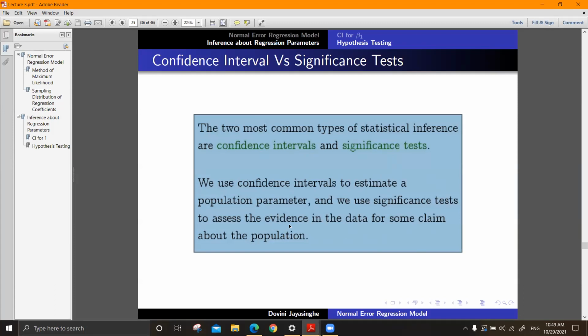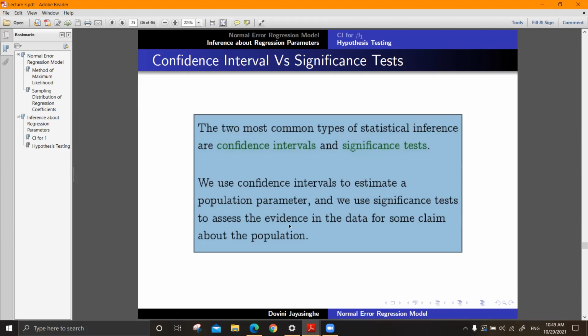In hypothesis testing, we don't really make inferences about the population parameter. We check it with some value. For example, under H0, we put population mean is equal to some value versus population mean is not equal to some value. We are checking a condition. Or we can have directional hypotheses: population mean is less than or equal to some value versus population mean is greater than some value.